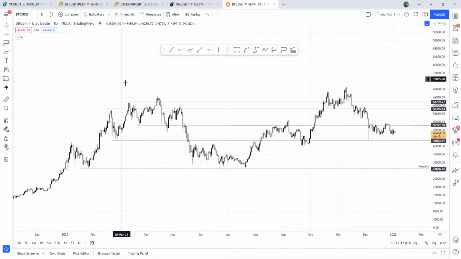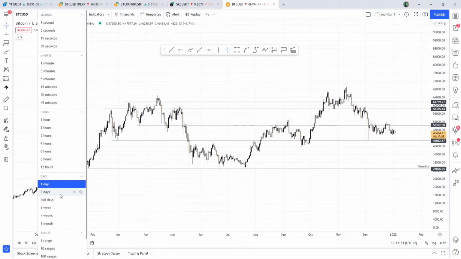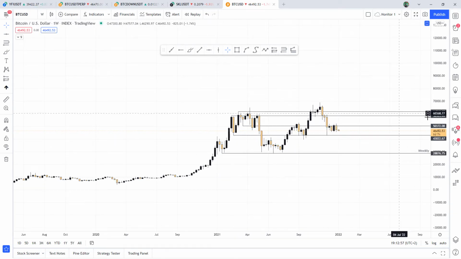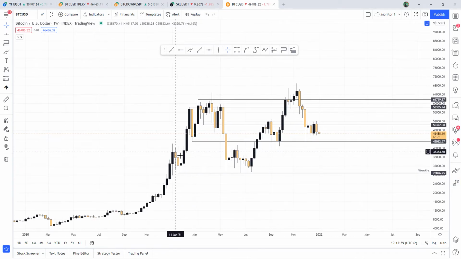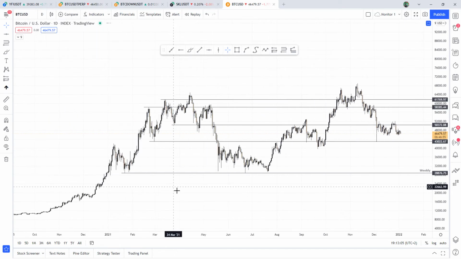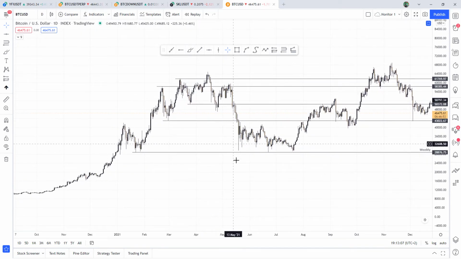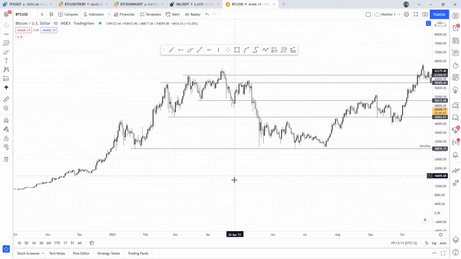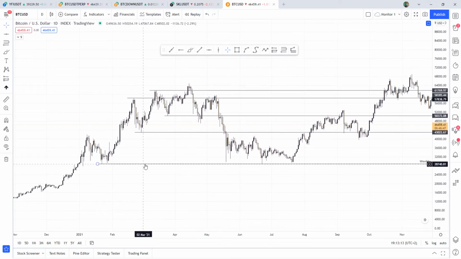One more thing before I finish the first lesson. On weekly it was pretty easy to spot the levels and draw them, but the more you go to lower time frames, the harder it is, because for an untrained eye it's hard to spot them.